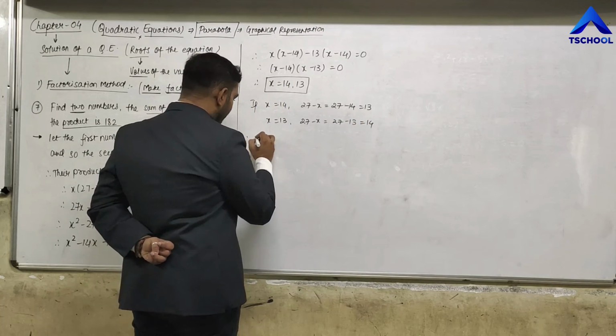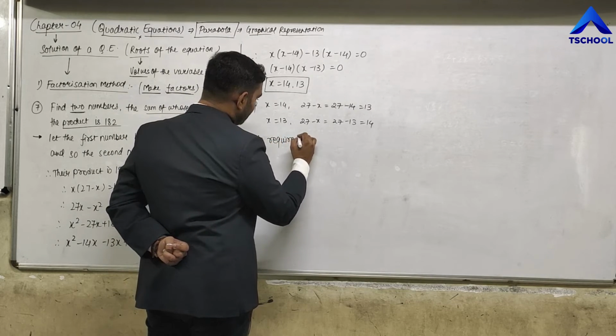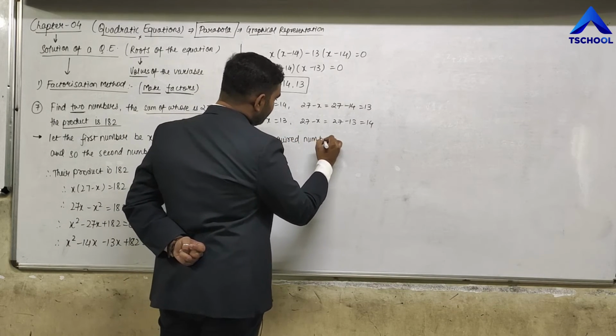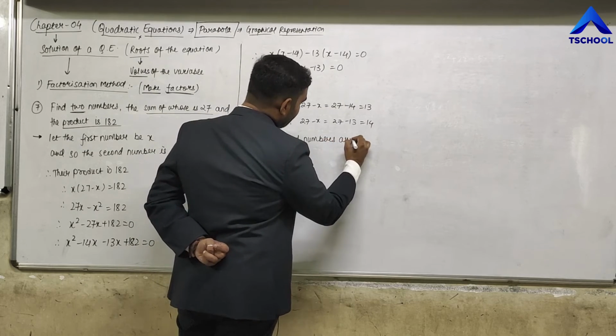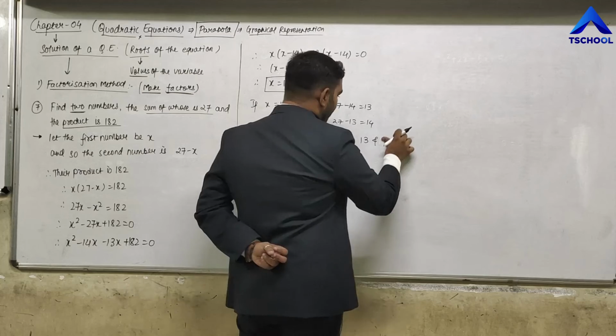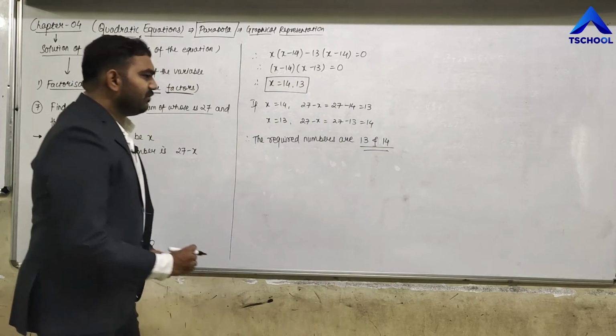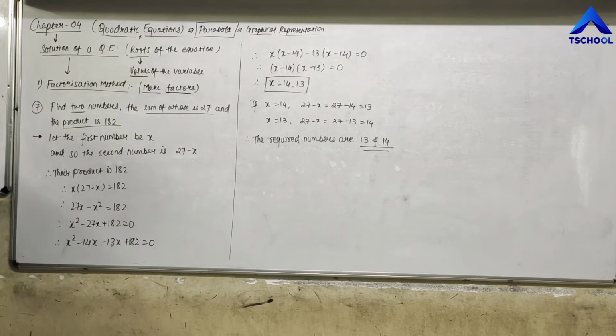Right? Therefore, the required numbers are 13 and 14. So the required numbers are 13 and 14, right?